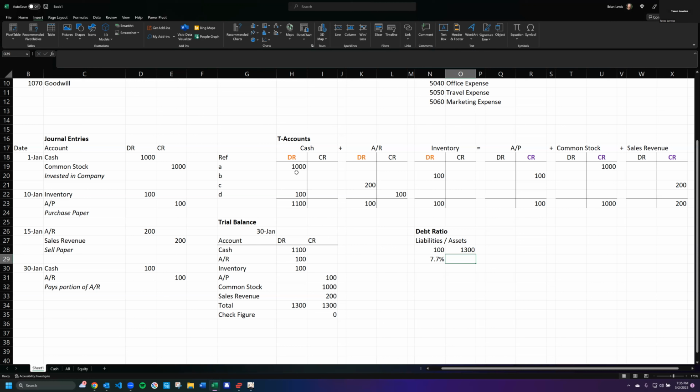Usually, I would say it the other way around. An increase in equity oftentimes increases your assets, because like you saw right here, an increase in common stock, meaning I put money into the business, resulted in an increase in cash, which is an asset.